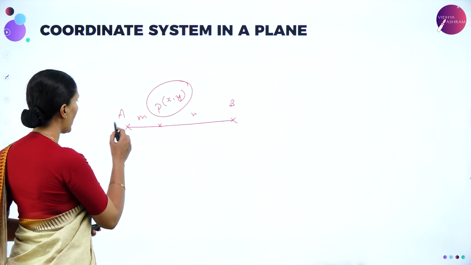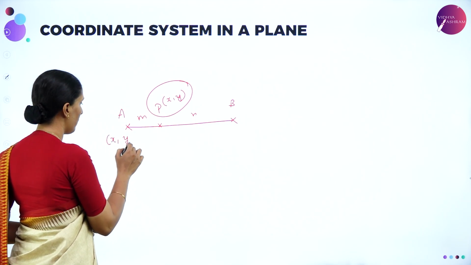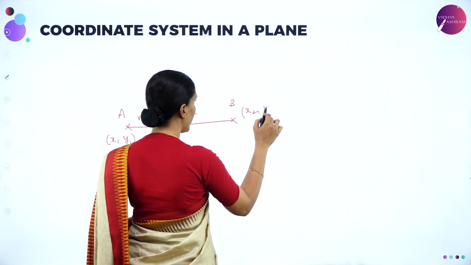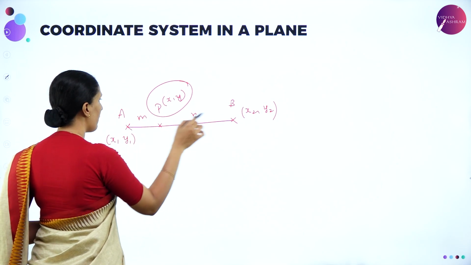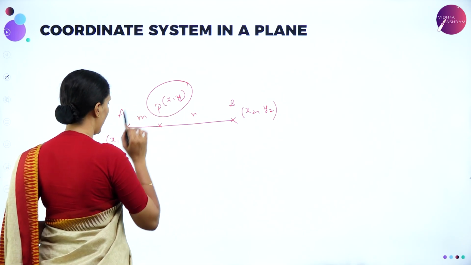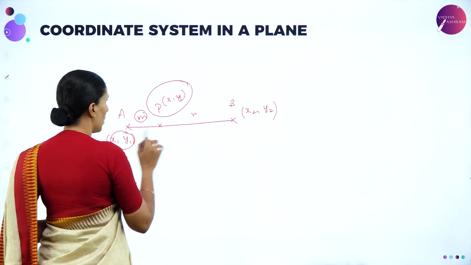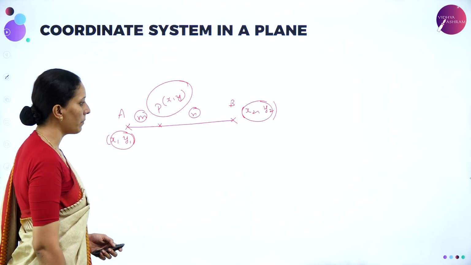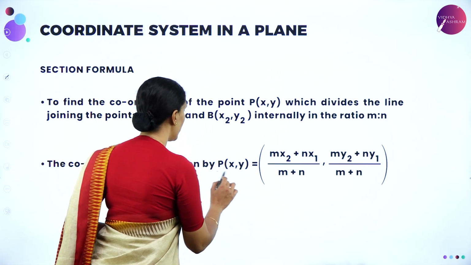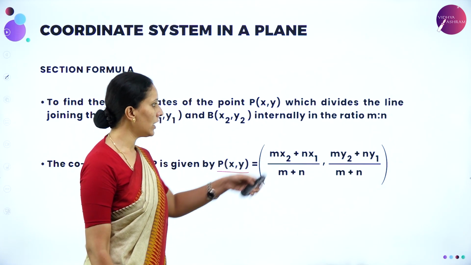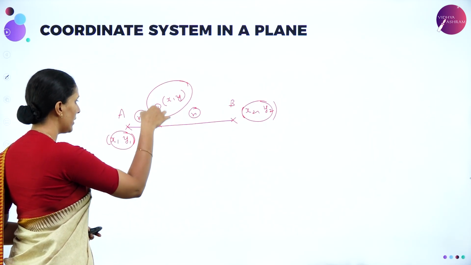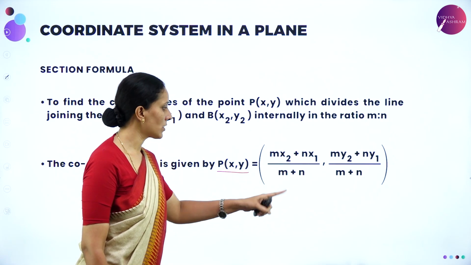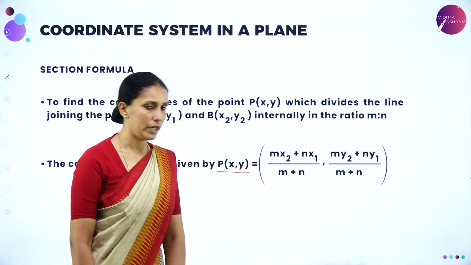Here you can consider the point A as (x1, y1) and B as (x2, y2), and this point P is dividing this line segment in the ratio m and n. Using all these constants and variables in the section formula, we can find the coordinates of (x, y). Internally means the point is dividing them in between the line segment. So hence it is given by (m x2 plus n x1) by (m plus n), (m y2 plus n y1) divided by (m plus n).